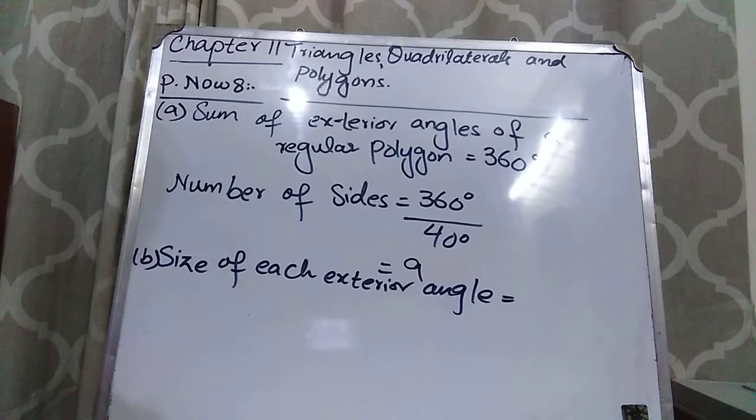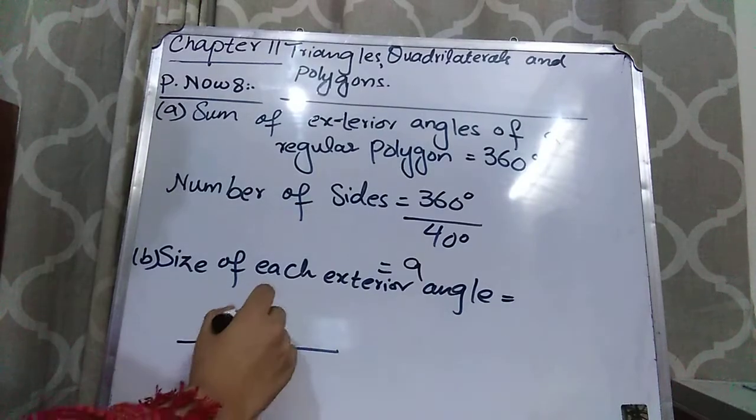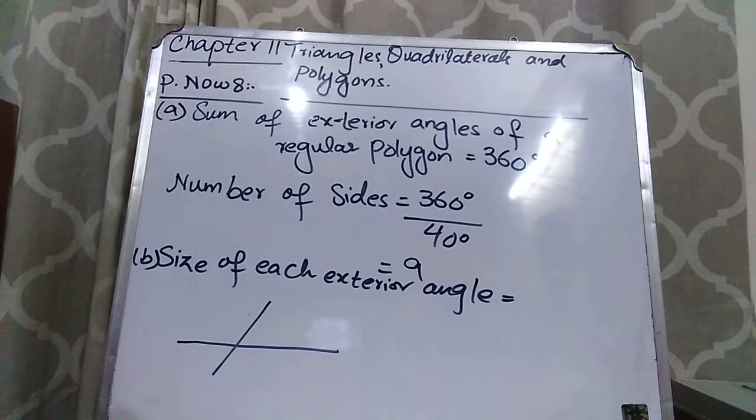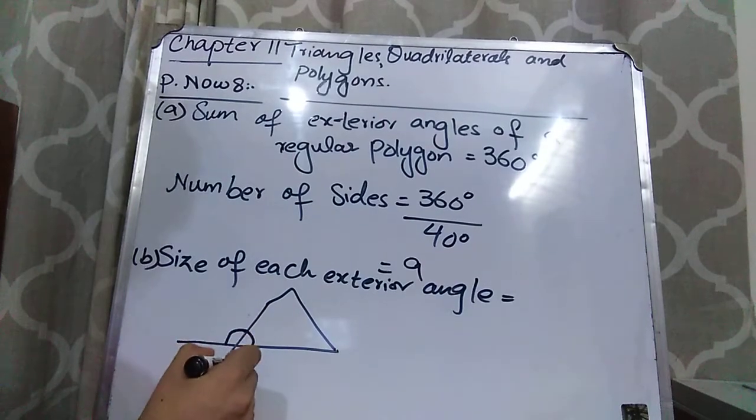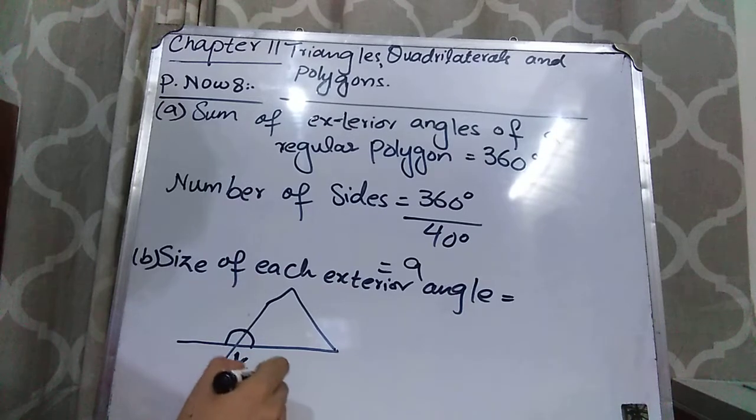Remember that angles on a straight line are equal to 180 degree. Adjacent angles on a straight line are equal to 180 degree. So you can say that this is an interior angle and this is an exterior angle, and these two angles are adjacent angles.